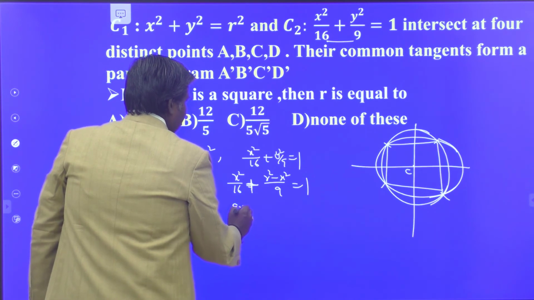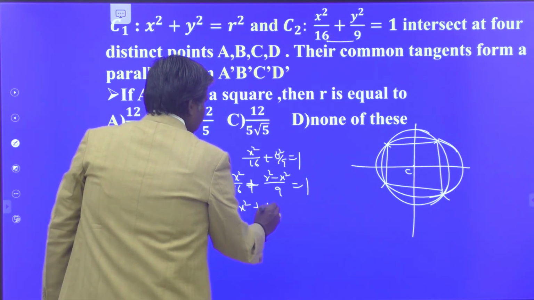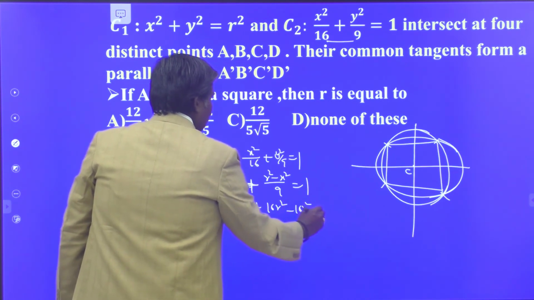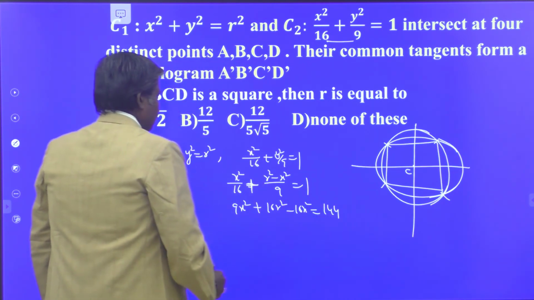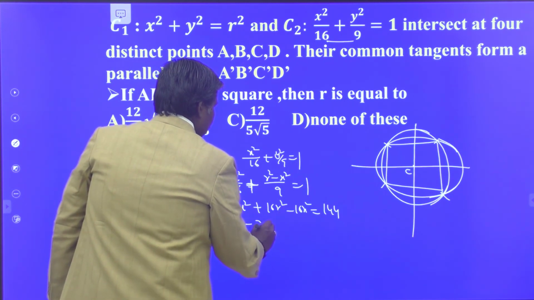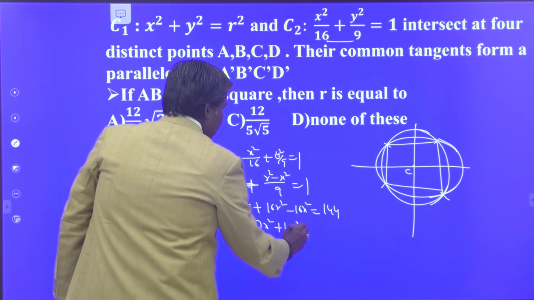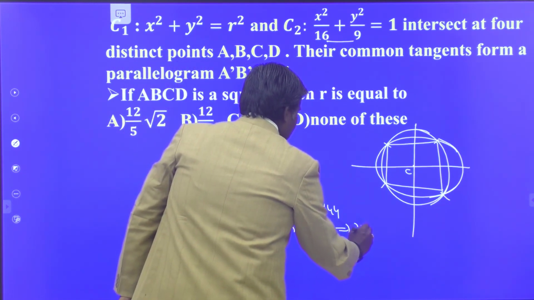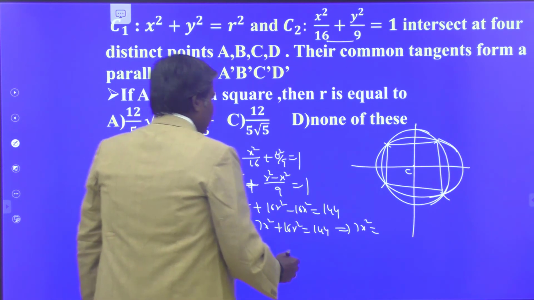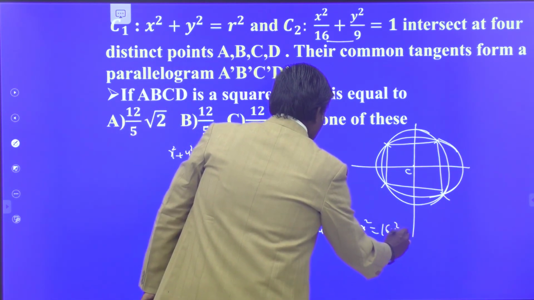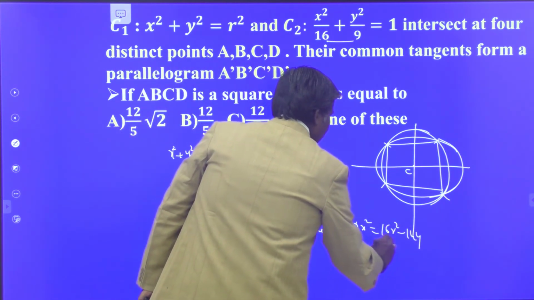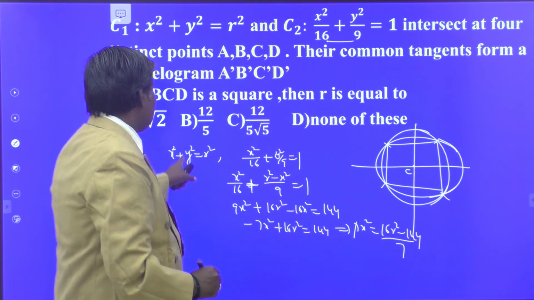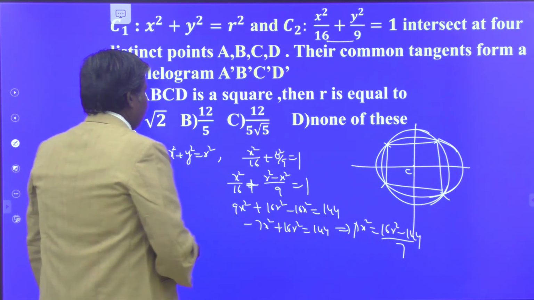So 9x square plus 16r square minus 16x square is equals to 144. Okay, this is minus 7x square plus 16r square is equals to 144. From that, what about 7x square? 7x square equal to 16r square minus 144. So x square is nothing but 16r square minus 144 by 7. Substitute here, we get the value of y square.